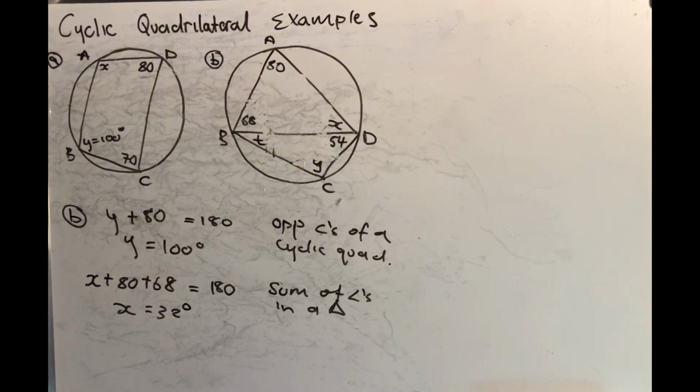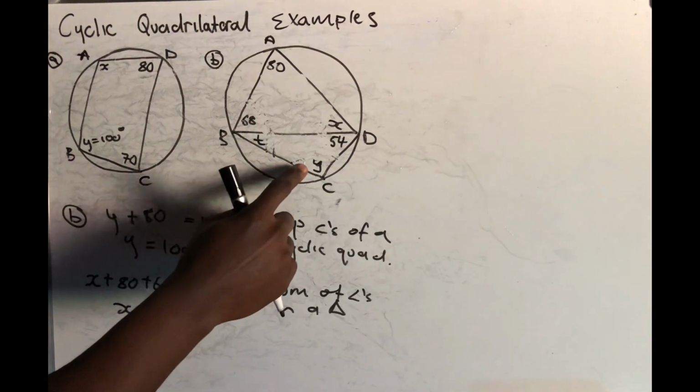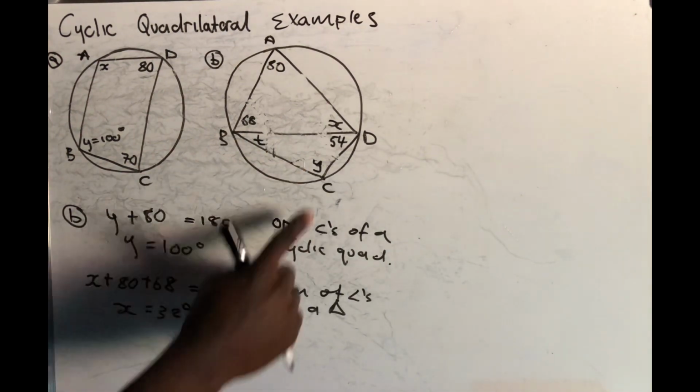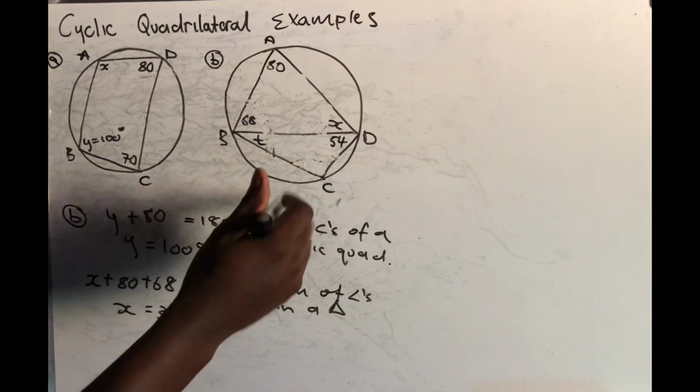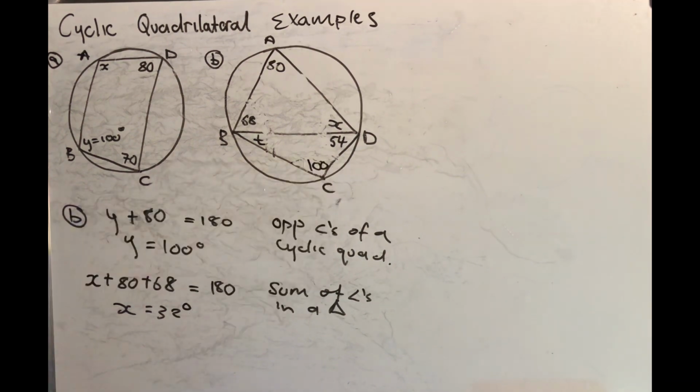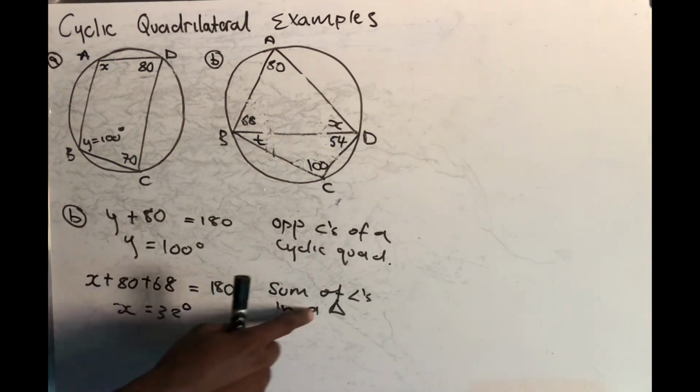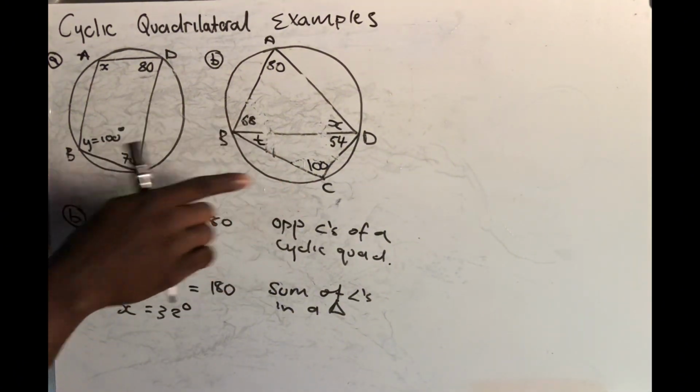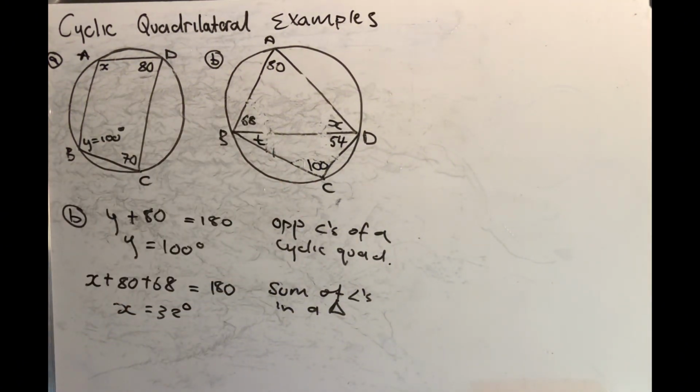And then we move to t. We found y to be 100. And then now we do the very same thing, sum of angles in a triangle, the bottom triangle.